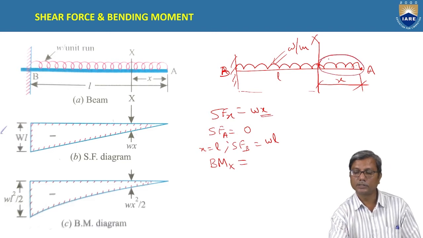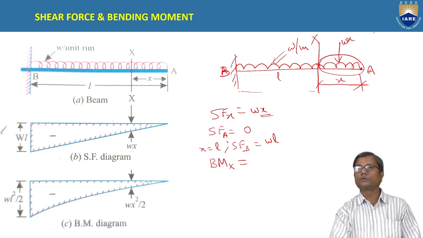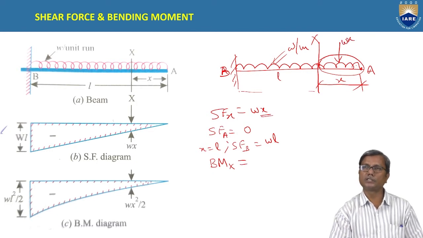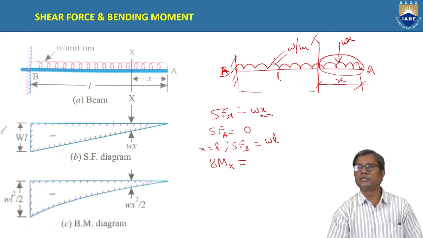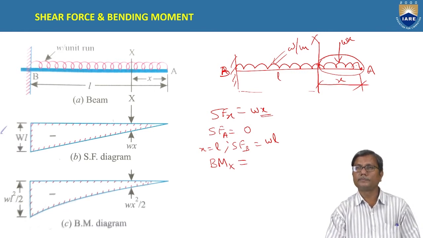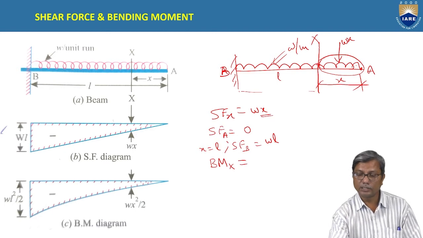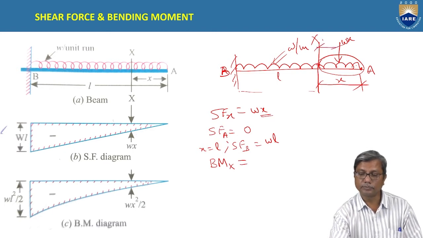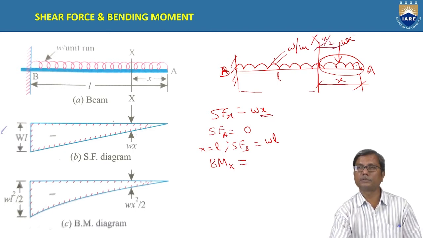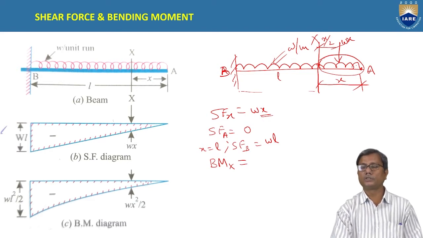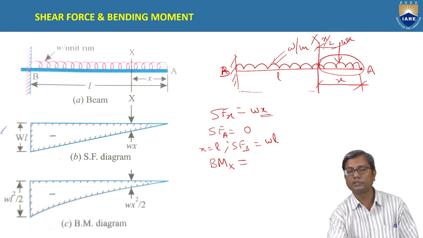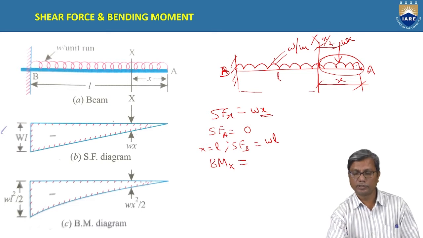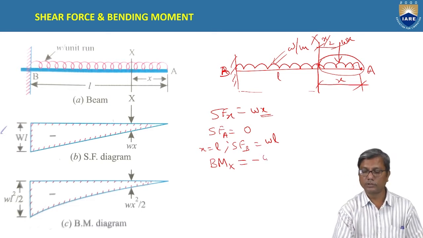The resultant of this load is equal to W into X: the total load on the right hand side of the section is intensity multiplied by the length X. It acts at the middle, that means at X by 2 from the section. So the moment of the resultant about the section is W X into X by 2, which is negative.